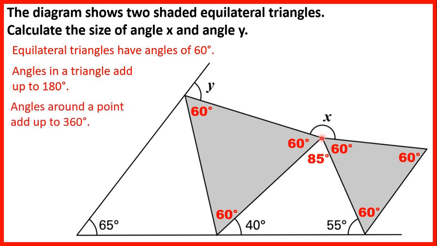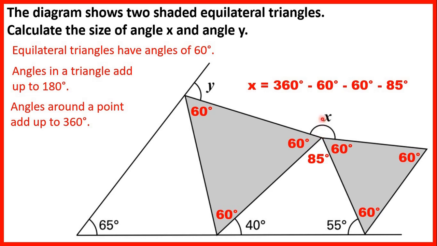So now we can work out angle X, because angles around a point add up to 360 degrees. And we have angles around a point here because we have a point, and then whichever direction we move in, we get to an angle.